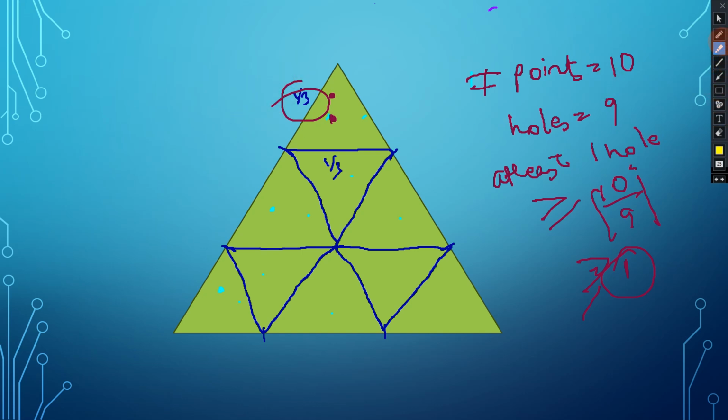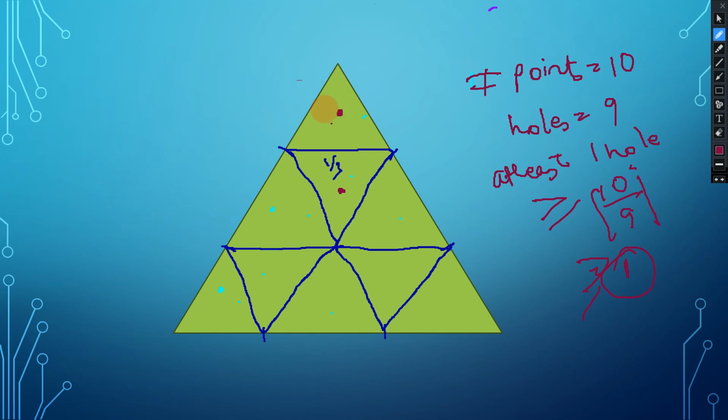But across the holes, if one pigeon is placed over here and one pigeon is placed up over here, the distance is greater than 1 by 3. So in every distribution, if we can prove there will be 2 points inside one hole at least, then the question is proved.